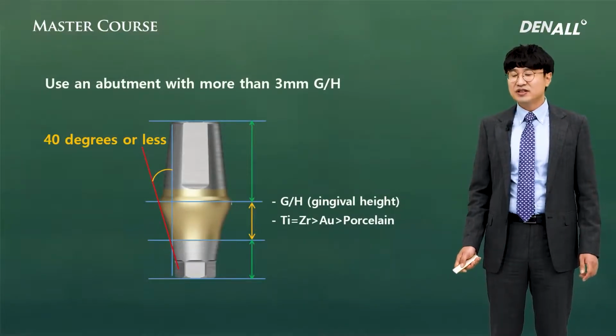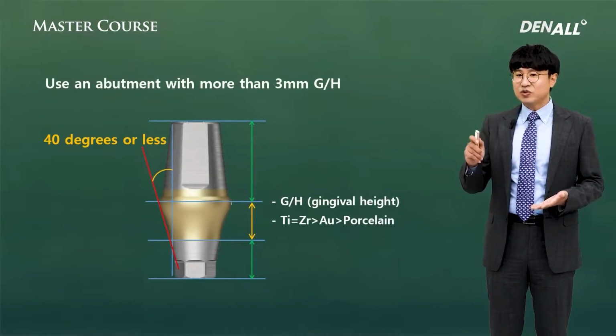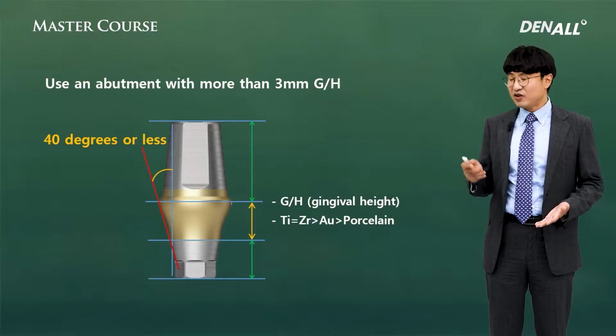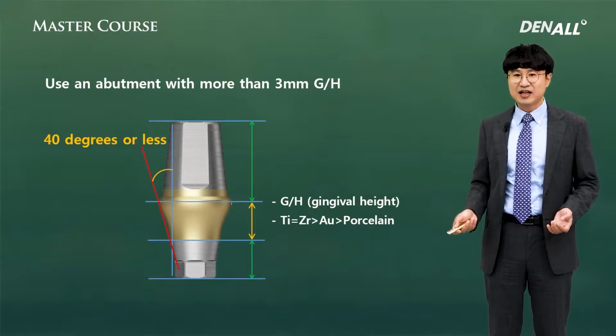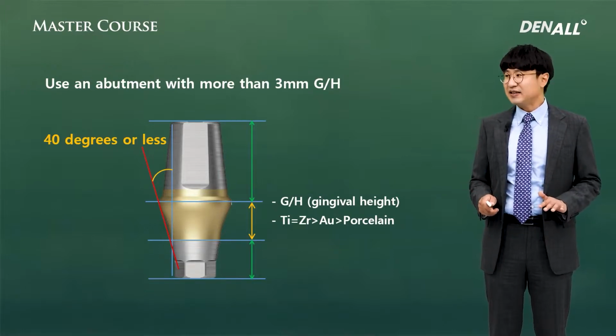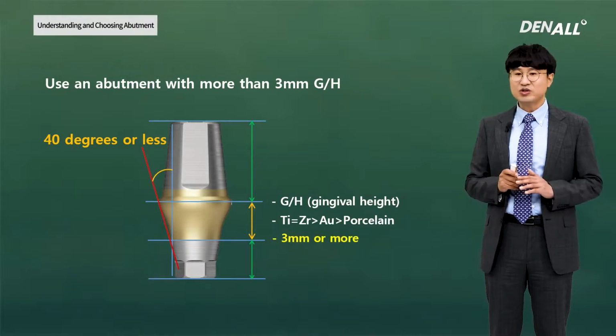The most important takeaway of today's lecture: an abutment is a structure connecting a fixture and a crown, but an abutment is also a protective film which prevents oral bacteria from entering bone. So a gingiva height of 3 millimeters or above needs to be used. I prefer to use 4 millimeters.